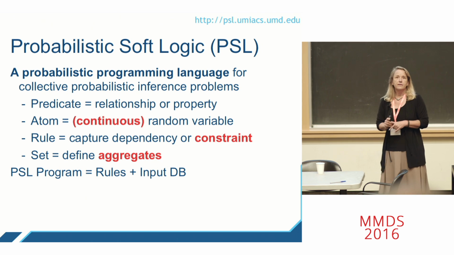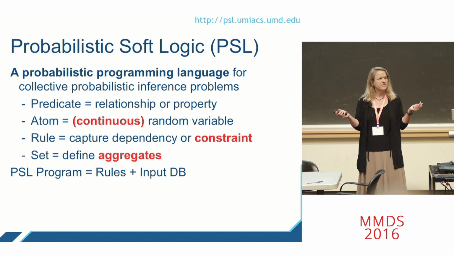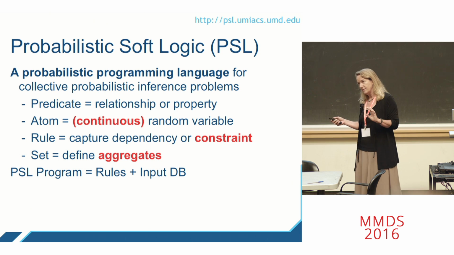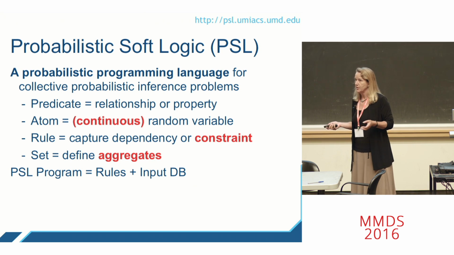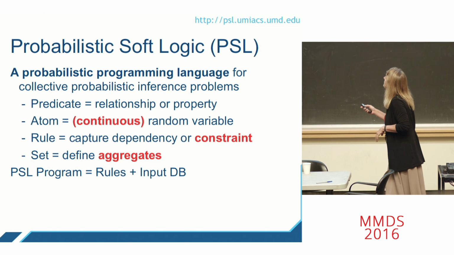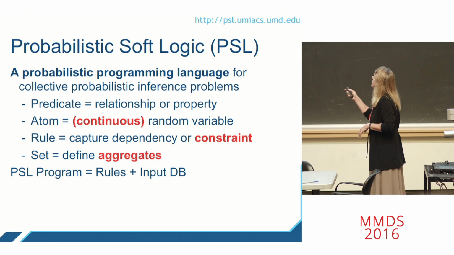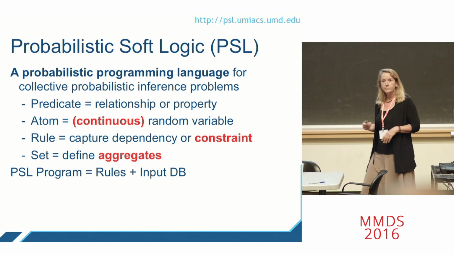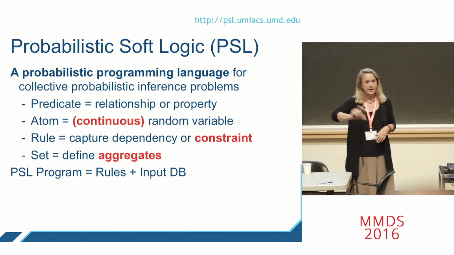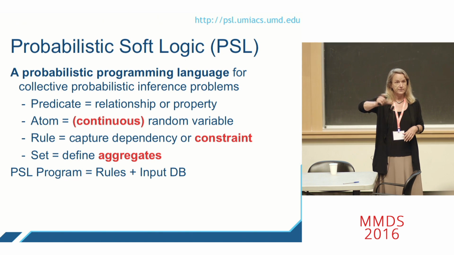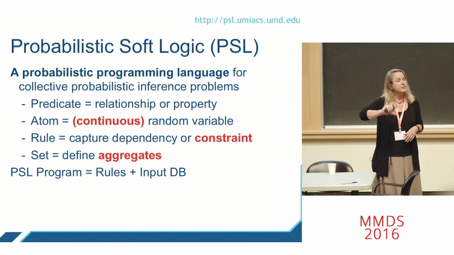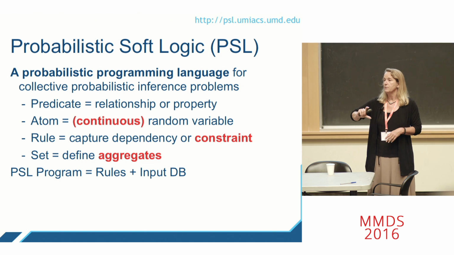The key thing, if you've seen any of these kinds of languages before, the key thing that makes it different and the key thing that is going to end up helping it to scale is that the random variables, rather than being combinatorial, so rather than being 0 or 1, so logical variables, they're going to be continuous valued between 0 and 1.